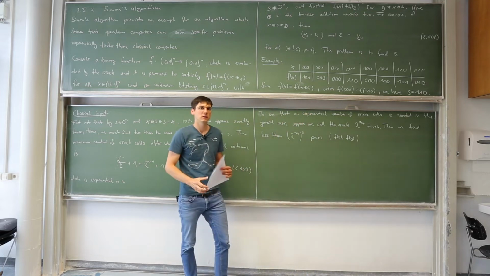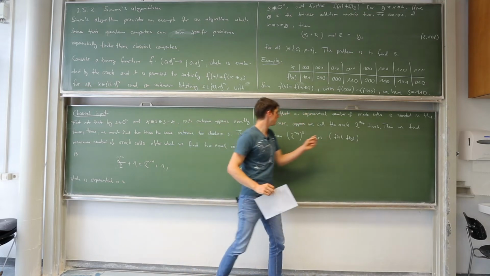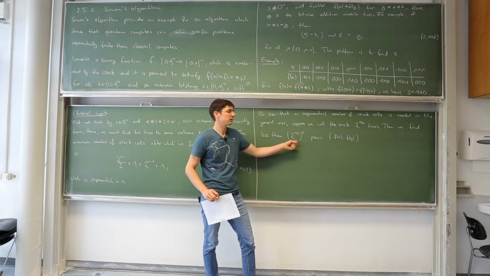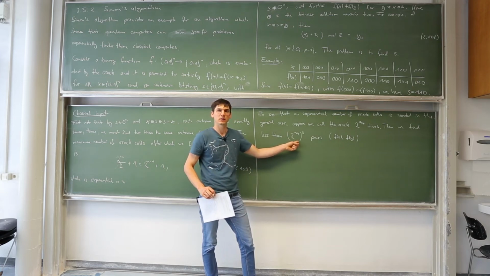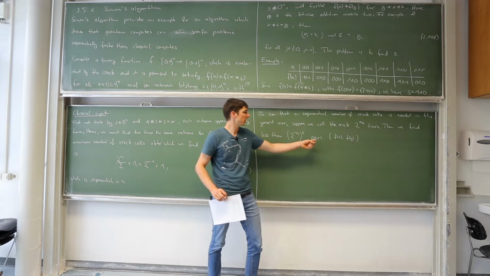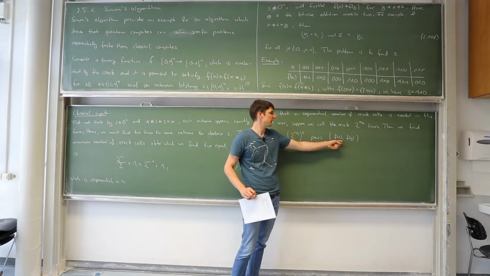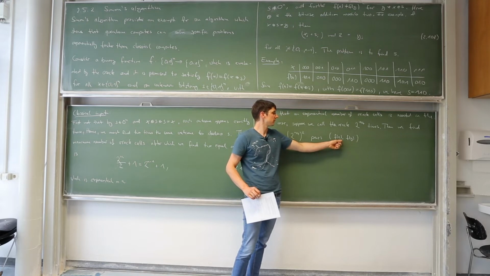So from this number of calls, we find less than this number squared pairs, and we can now ask whether there is, or what the probability is that one of these pairs gives us the same outcome.